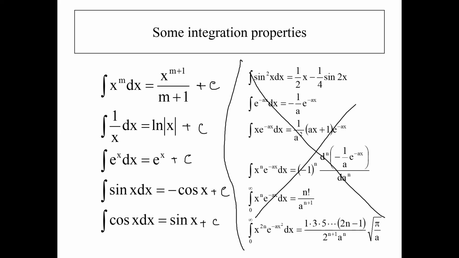Integration of 1 over x dx is log x plus c, and x must be a positive number. Integration of e to the x dx is e to the x plus c. Integration of sine x is minus cosine x, and integration of cosine x is sine x.